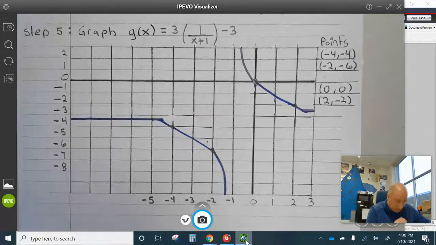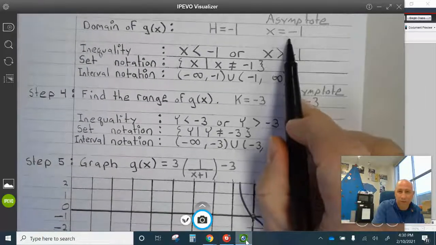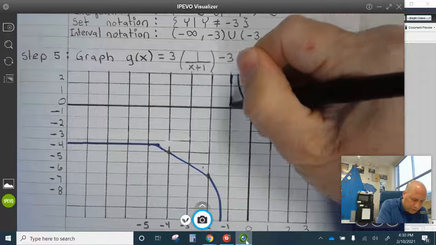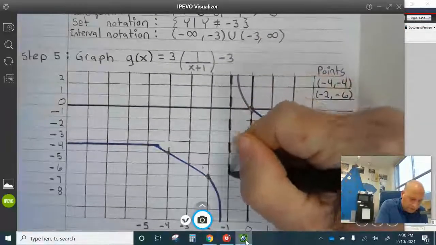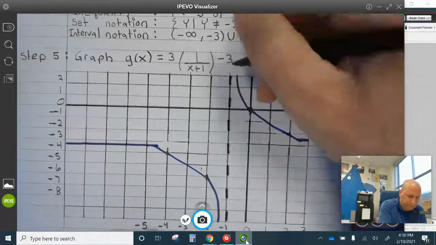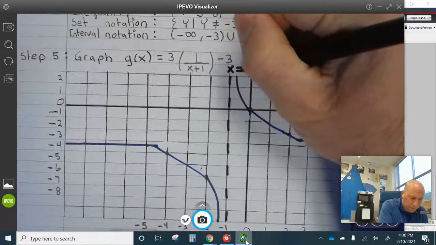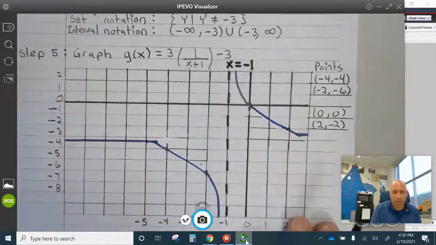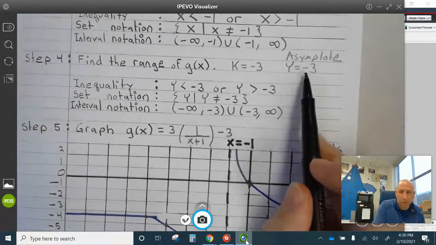Now, to understand why the curve is where it is, we go back to our asymptote. So we have an asymptote at x equals -1. Okay, so we're going to draw a dashed line at x equals -1. So you can see here that the curve does not touch that asymptote, and we have an asymptote at y equals -3.